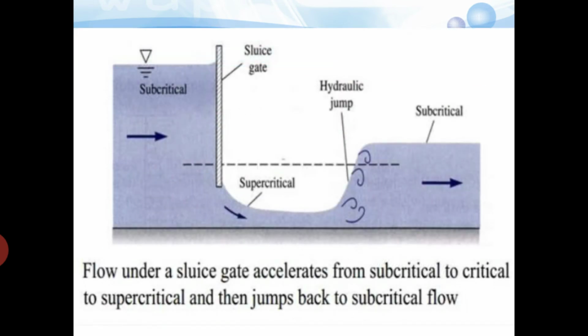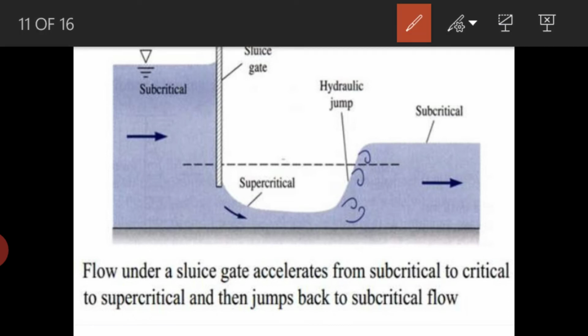Then look at this figure, you can understand where you generally get the hydraulic jump. Here it is given: flow under a sluice gate accelerates. This is the sluice gate, this is the gate provided here, and this is the tank.